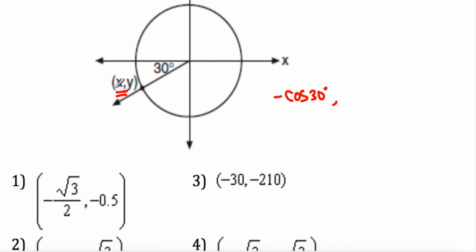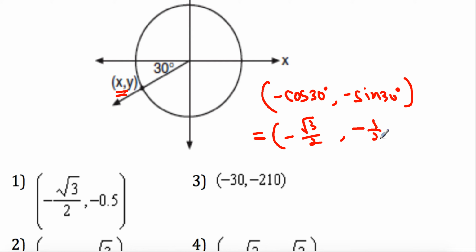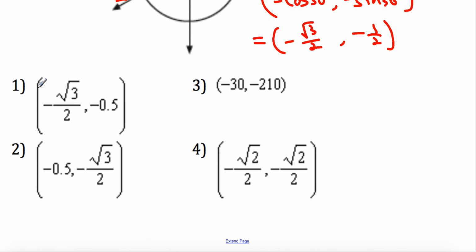That's the x value. How about the y value? Negative sine of 30 degrees. That would be the coordinates. What is the negative cosine of 30? That's equal to negative, that's right, radical 3 over 2, and then negative 1/2. That becomes our answer, which is choice 1.